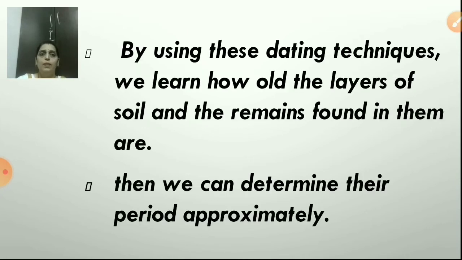By using these techniques, we learn how old the layers of soil and the remains found in them are. Then we can determine their period approximately.